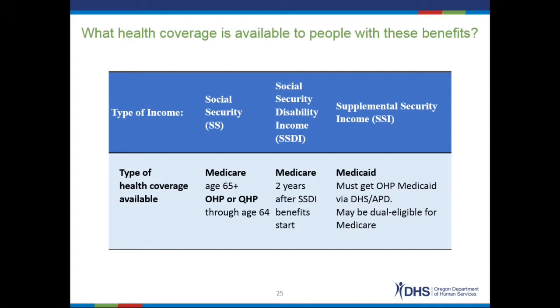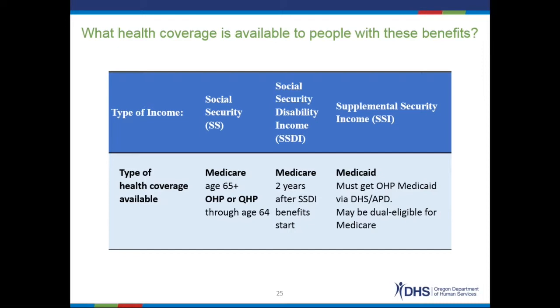Social Security disability income. People who are getting SSDI can get Medicare, but it's 2 years after SSDI benefits start. You may be declared permanently disabled, you may be receiving Social Security disability income, but there's a 2-year waiting period to get Medicare.